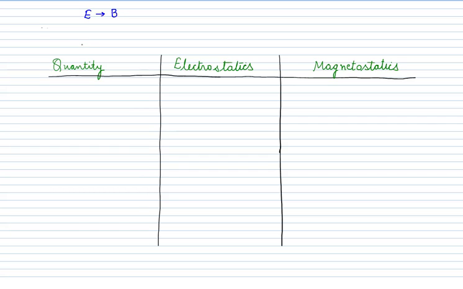First of all, our electric dipole moment will be replaced by the magnetic moment. And our constant 1/4 pi epsilon naught will be replaced by mu naught upon 4 pi. So these are the easy replacements we will do, and we'll write down the quantities.